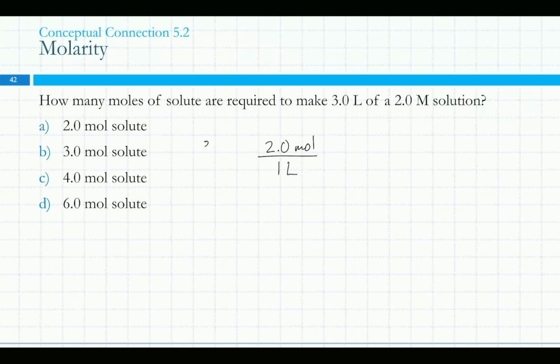So if I take 3.0 liters times 2.0 moles per liter, liters cancels, 6.0 moles. If you have to, you should write down somewhere, molarity equals moles per liter.